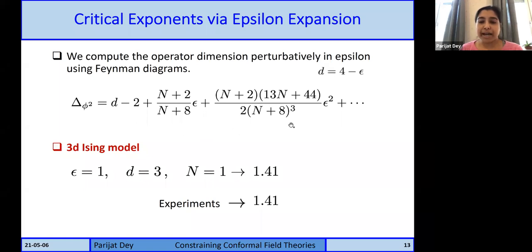Finally, we put epsilon equals 1 and n equals some specific value depending on which universality class we are in. If we want to compute this exponent for the 3D Ising model, we put epsilon equals 1 and n equals 1, and we end up getting this number for this exponent.